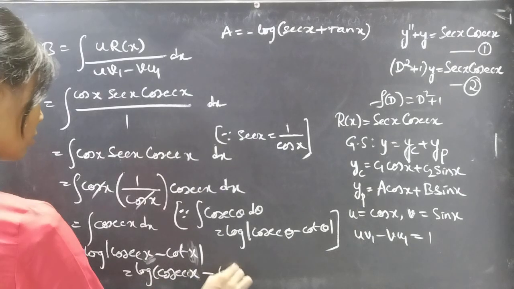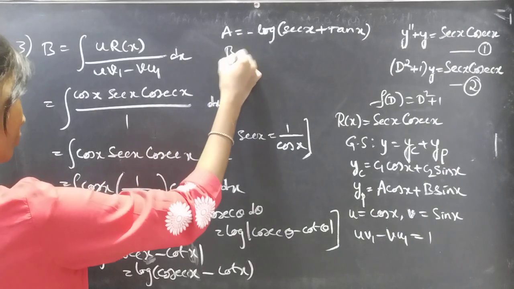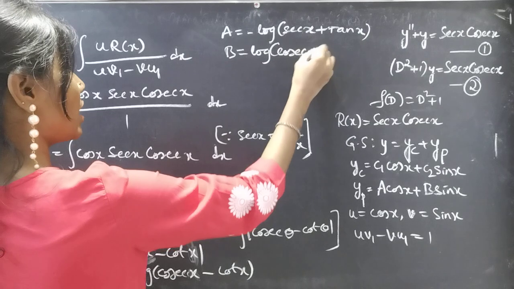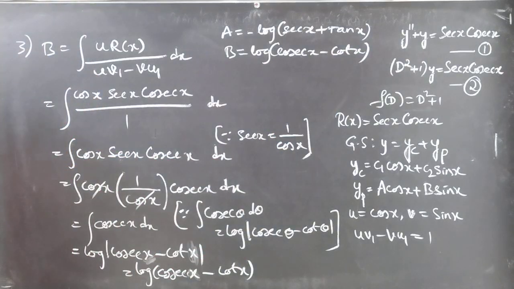Therefore b equals log of cosecant x minus cot x. We got a and b. Let's now find yp.